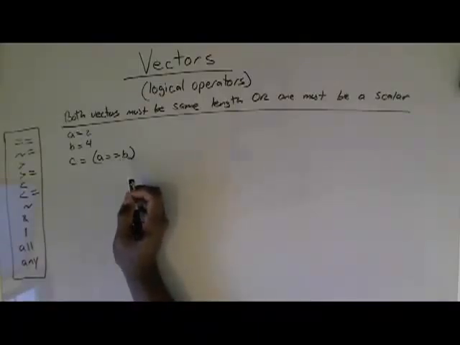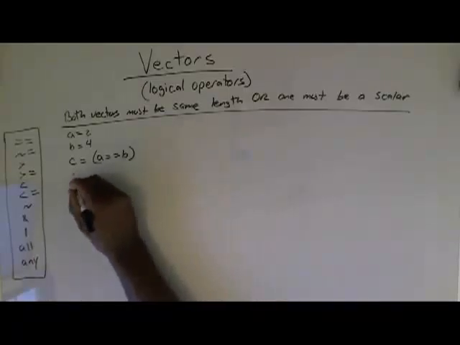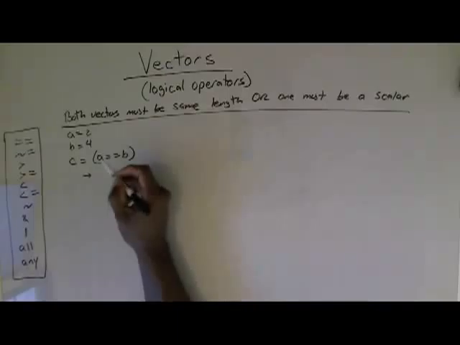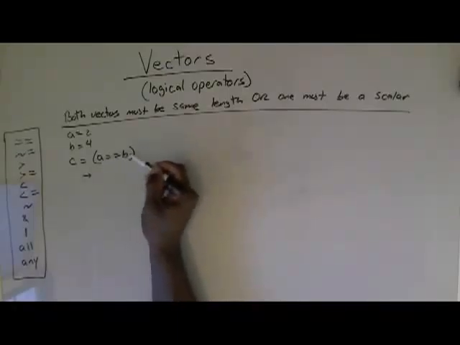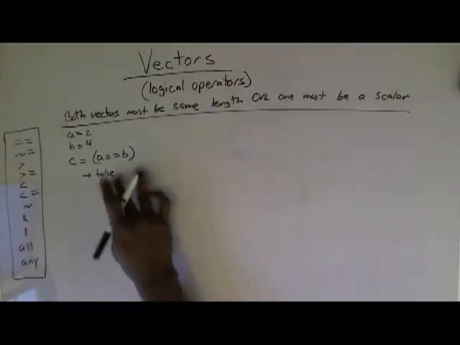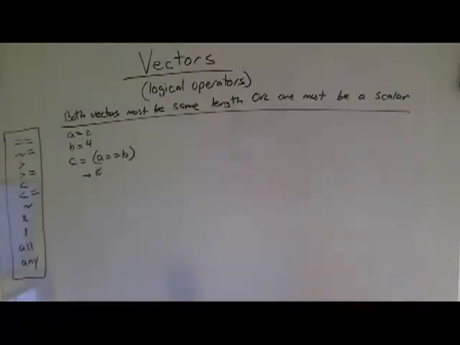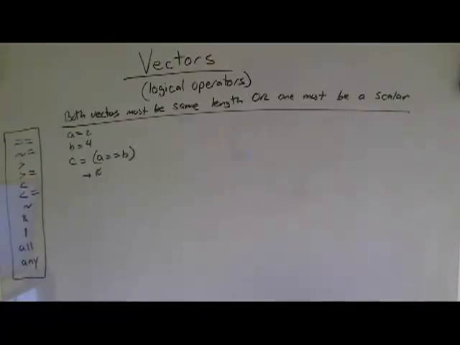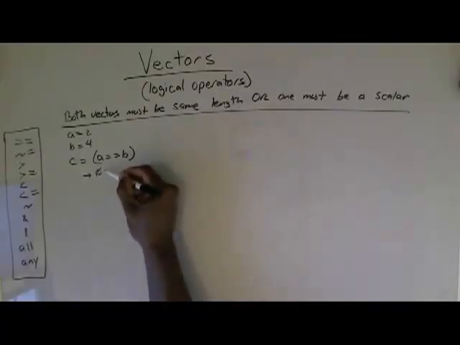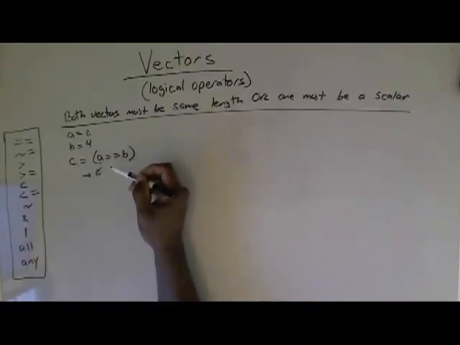Does A equal B? Okay, so the question would be, what is the value of C? Well, is A equal to B? No, it's not. So the value of C is false. But when you do this in MATLAB, it will actually come up as a 0, and then you'll have to look in the workspace to see that C is actually a variable of type logical, or class logical.